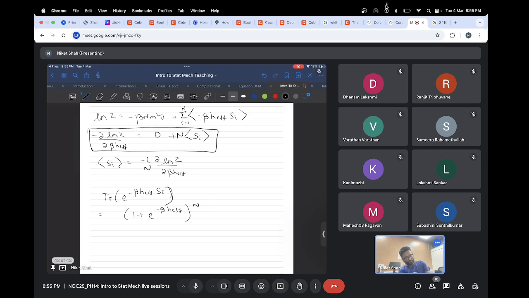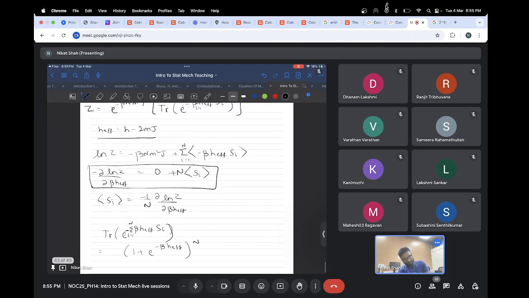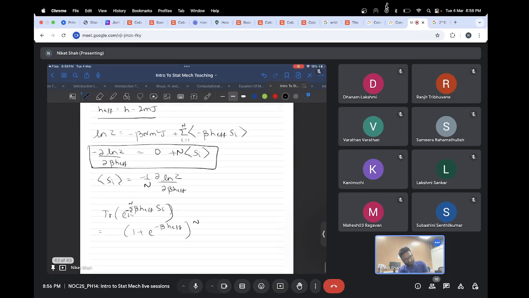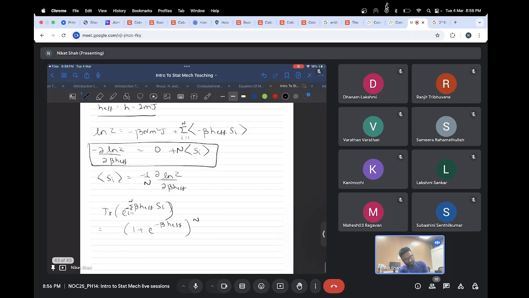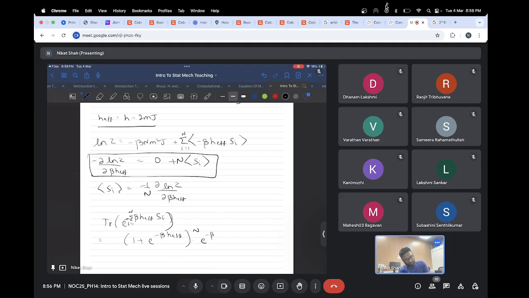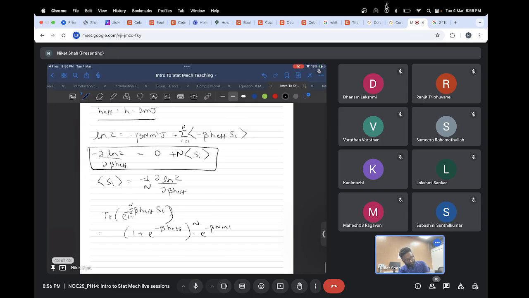Now the trace over i equals 1 to n is 1 plus e raised to power minus beta h effective, to the power n. This is the trace evaluation, multiplied by e raised to power minus beta n m square j. This is my z.